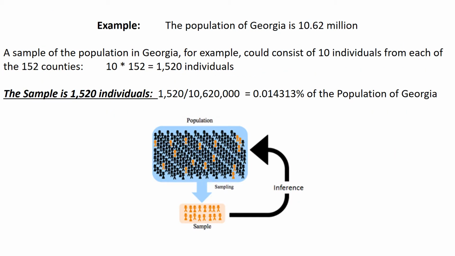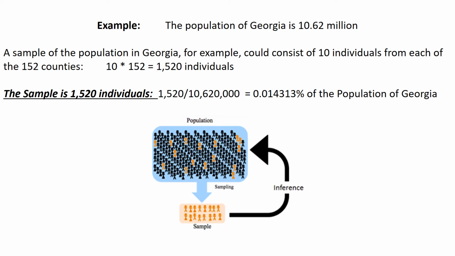Now, the population of the state of Georgia is 10.62 million people. If I do a sample, and there are many different ways of doing samples, we're going to talk about how we should sample next week. But right now, I'm going to do what's called a stratified sample.